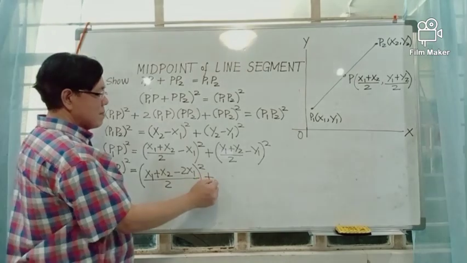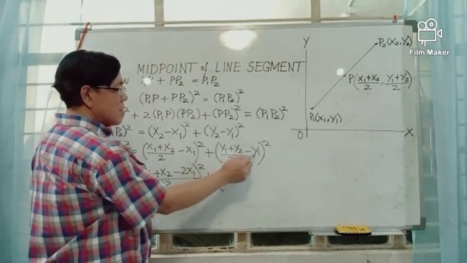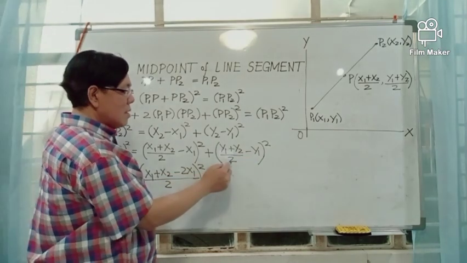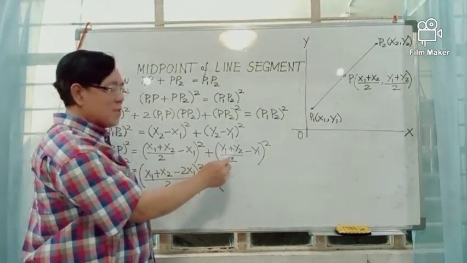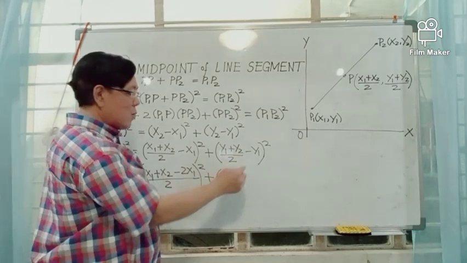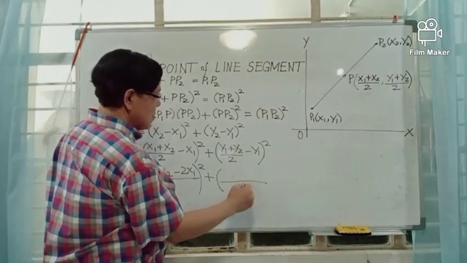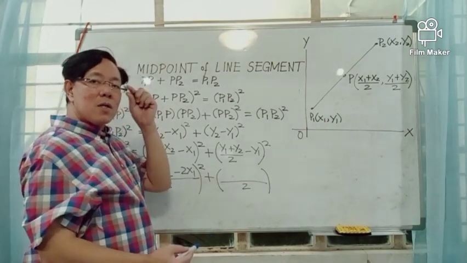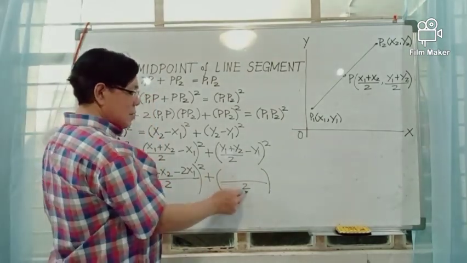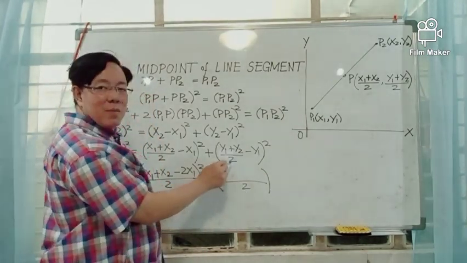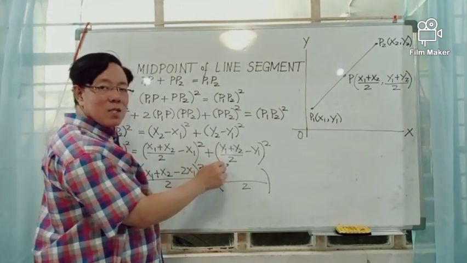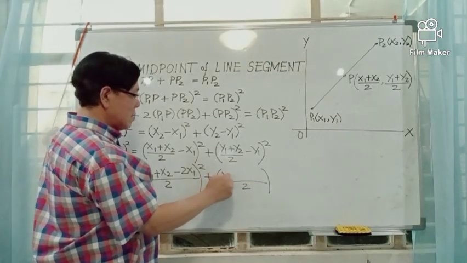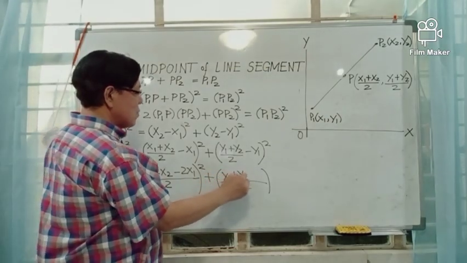Plus, for the second term, the denominator of y1 is 1. And the LCD between 2 and 1 is 2. And we find the numerator. LCD 2 divided by the denominator 2 of the first term is 1, multiplied by the numerator y1 plus y2.